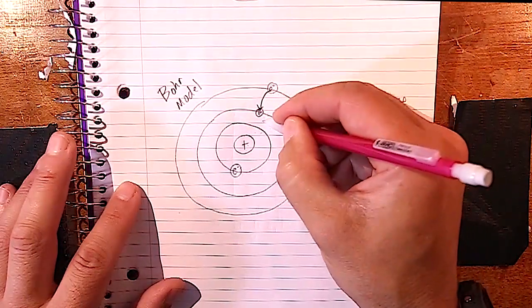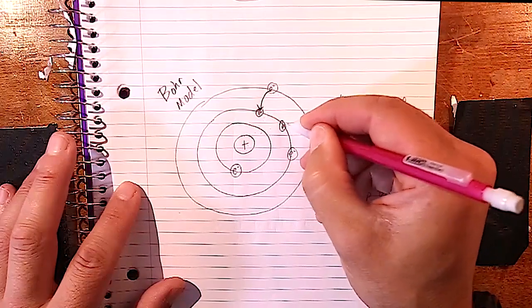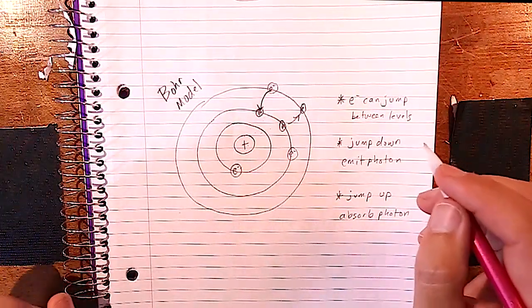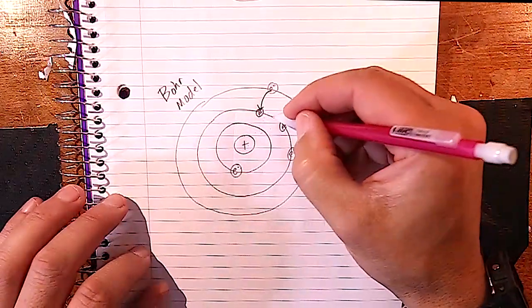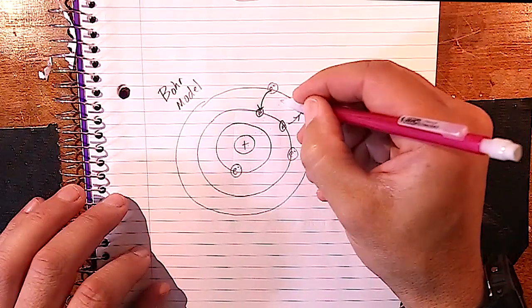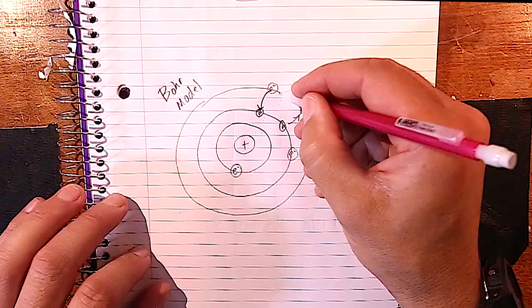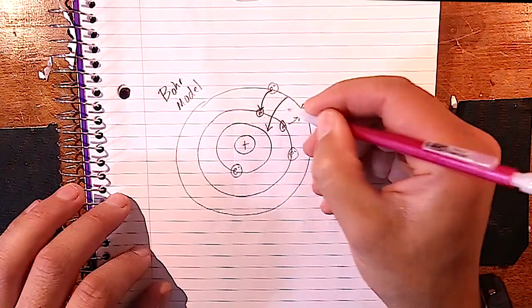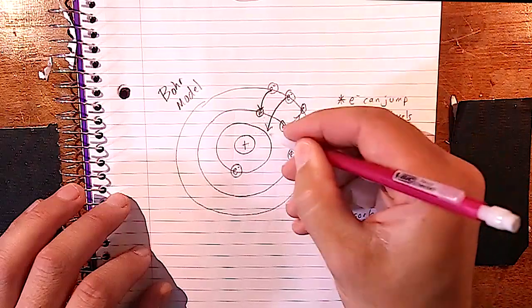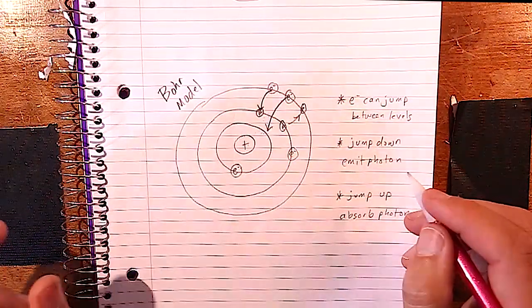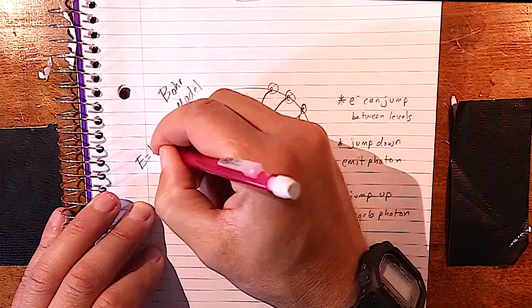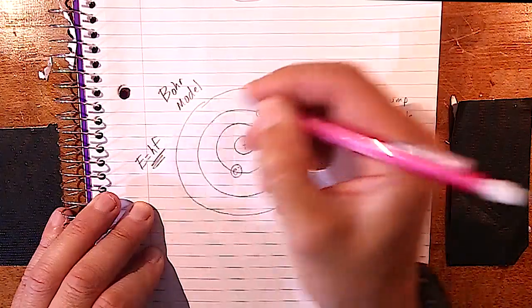They can jump down a level or they could jump up a level. But just like the quantization idea, they can't go halfway. They can't go two-thirds of the way. They have to go from one level to another. Now, they could jump two levels or three levels, but they have to go level to level. And the reason is that the energy has to be a fixed amount.